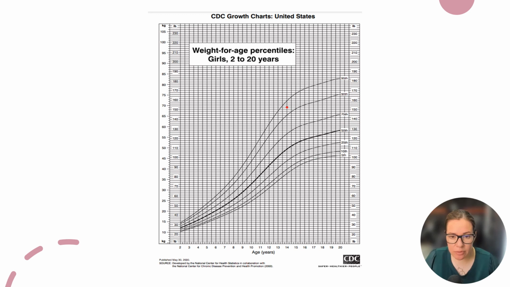It was almost 160. So she's passing the 95th percentile, I'm sorry, the 90th. She's considered overweight for her age. This is the most common graphic that we use for children and adolescents.